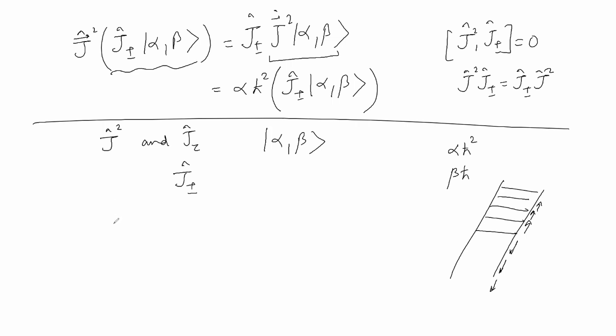If you are using a lowering operator, you are going down by 1 unit when you operate by the operator J minus. Then what we saw is that J plus-minus acting on |alpha, beta> is also a possible eigenstate for the operator Jz.